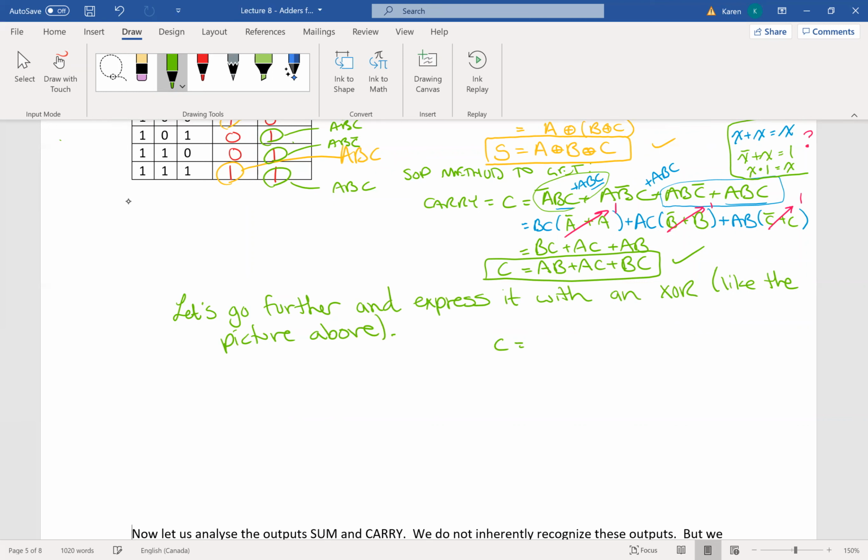So if I have C equals, I'm just rewriting it. Then I can AND with any 1. So if I remember the theorem, X and 1 is equal to X, I wouldn't be changing anything if I multiplied by 1.